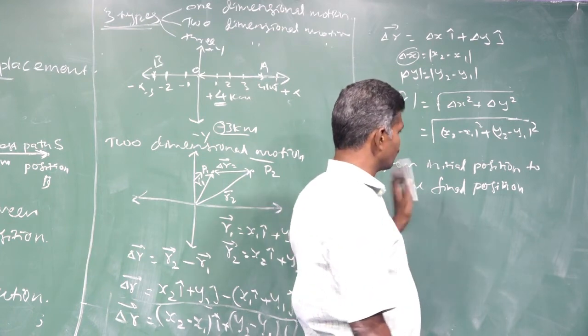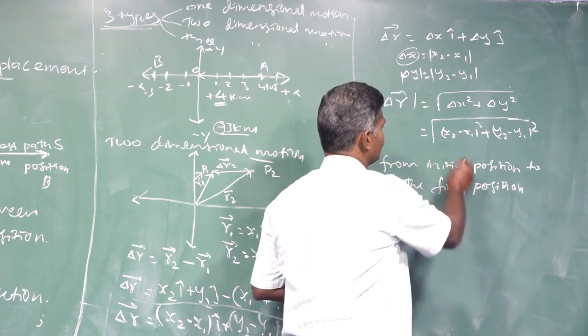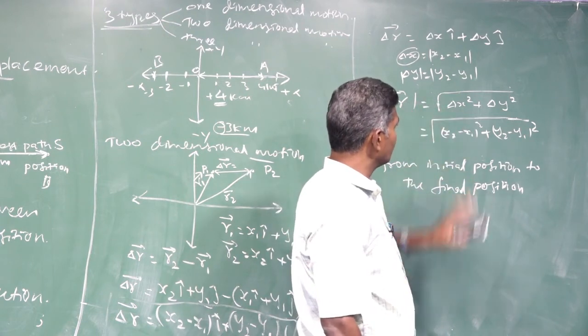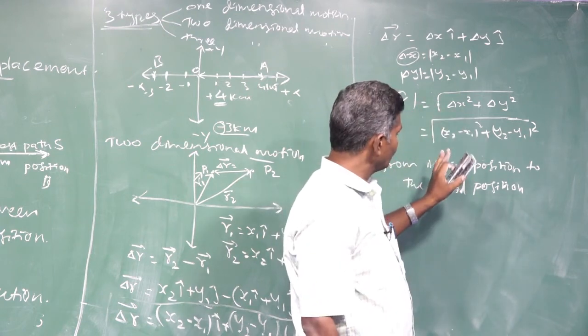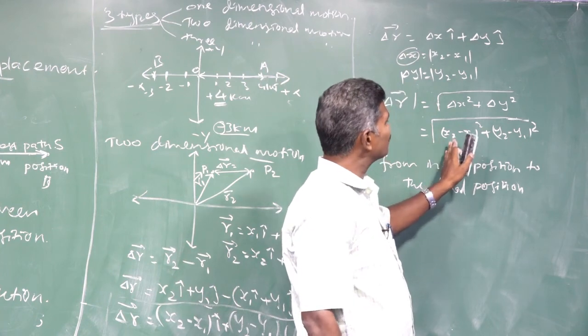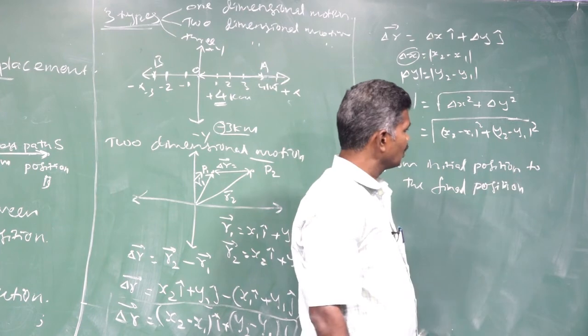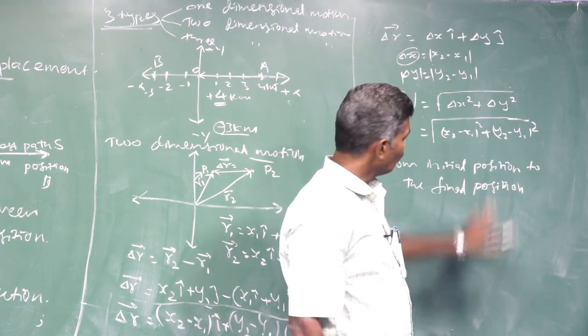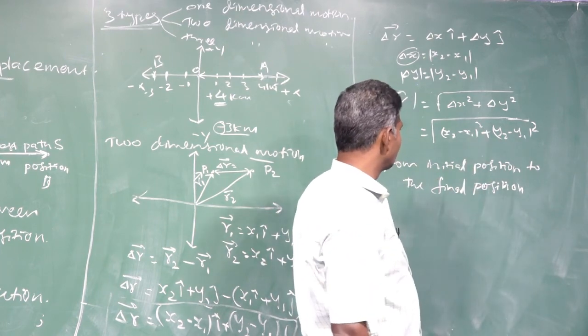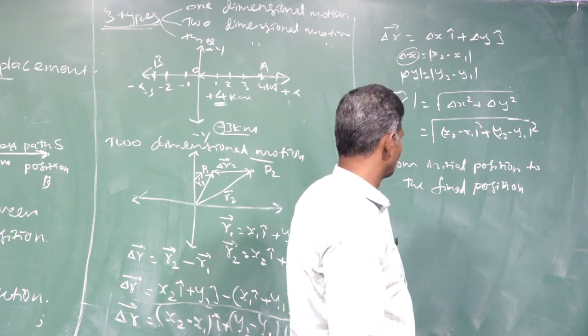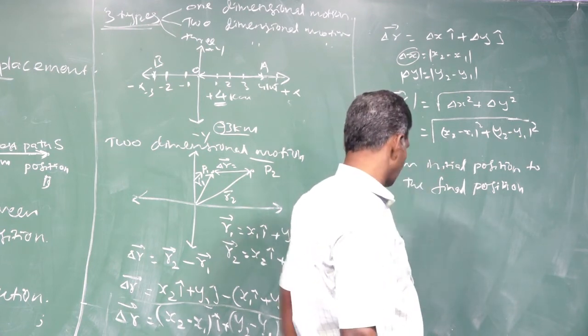The direction of the displacement is taken from initial position to final position, but at the time of calculating the value, we must take x2 minus x1 whole squared plus y2 minus y1 whole squared. Like that we find the magnitude. It is a two-dimensional manner.